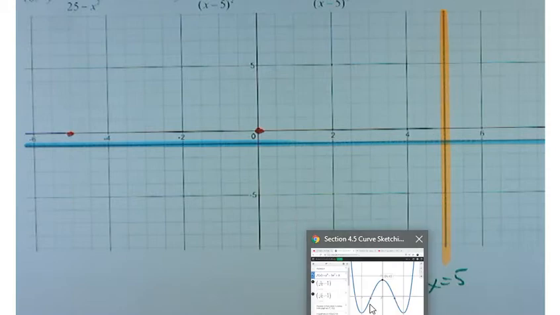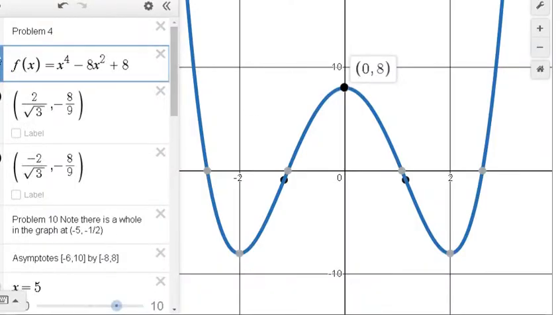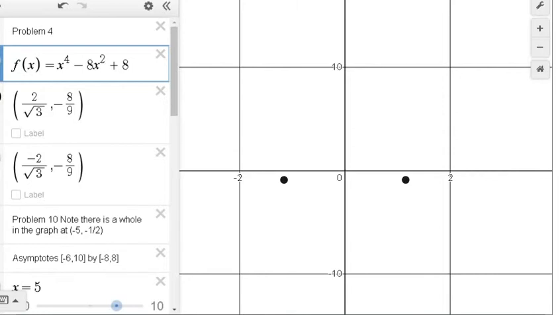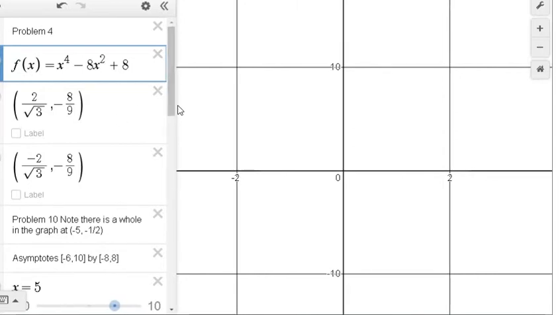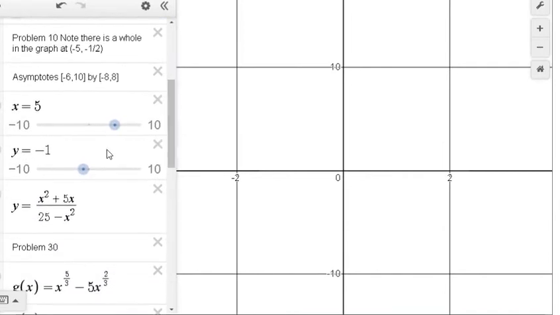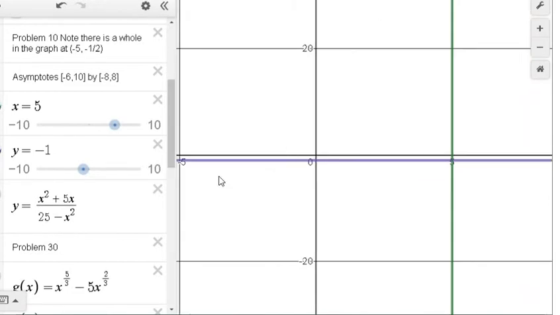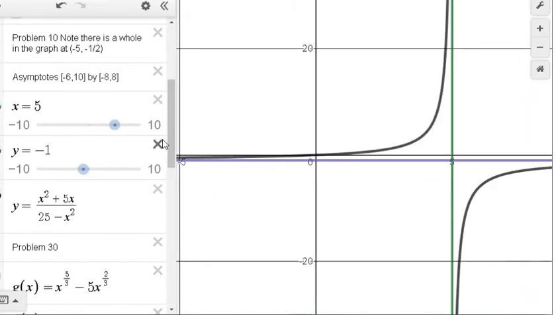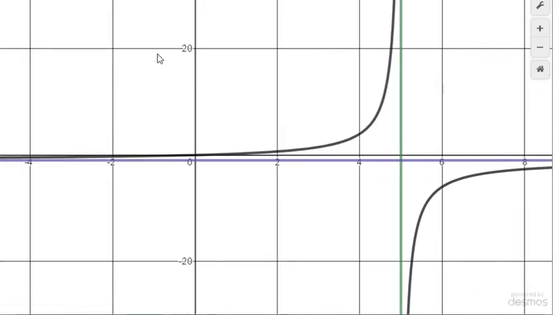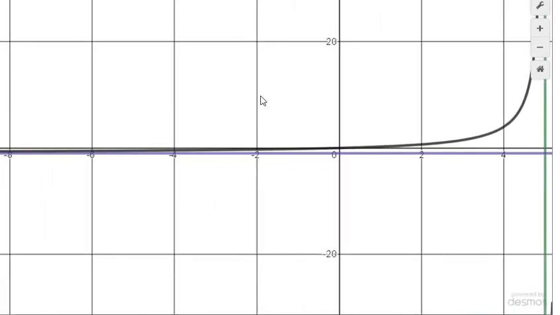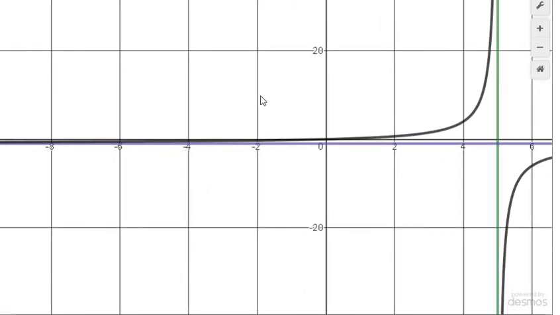Let's see what that graph looks like. Does this match all our information? I'll shut these off. So there's our asymptotes, and here's our graph. Now it's kind of hard to see, and it's a little annoying too. Let's see, we got 0, 0.